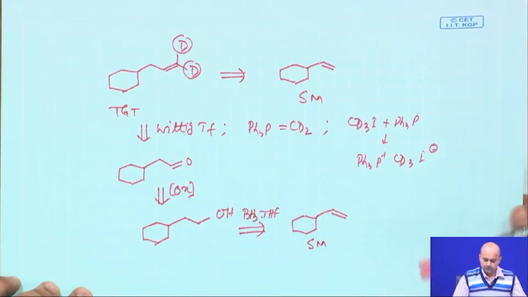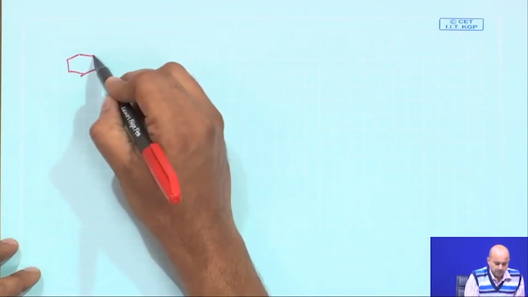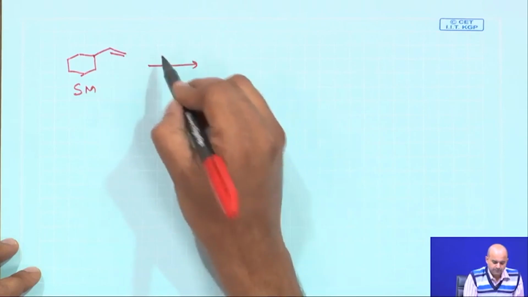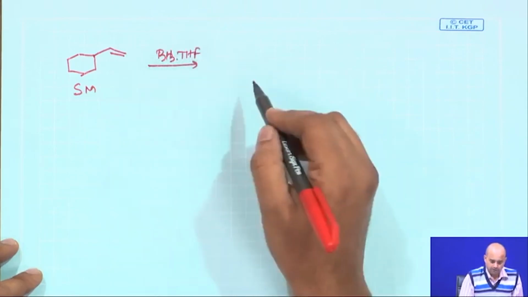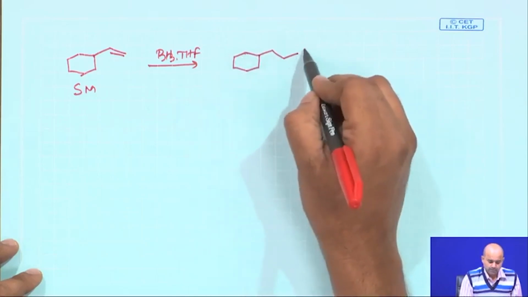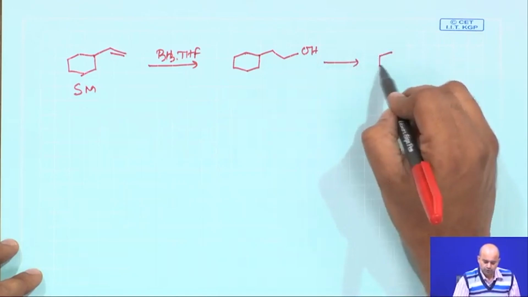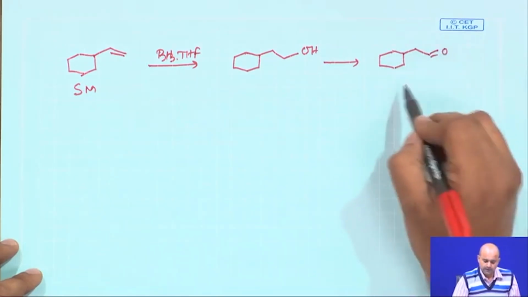So, the forward synthesis will be very simple: you start with the starting material which is having the vinylic appendage. You do the hydroboration with borane THF, okay. And then you find that this hydroboration will give you the primary alcohol. Next, as shown in the retro, you convert this compound to the corresponding aldehyde.